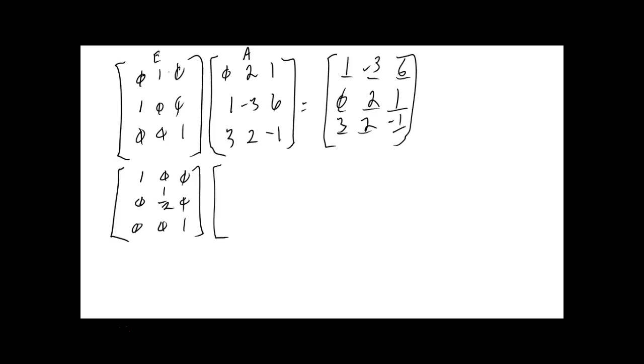Why? You multiplied the second row of an identity matrix by 1/2, and you got it. Exactly.